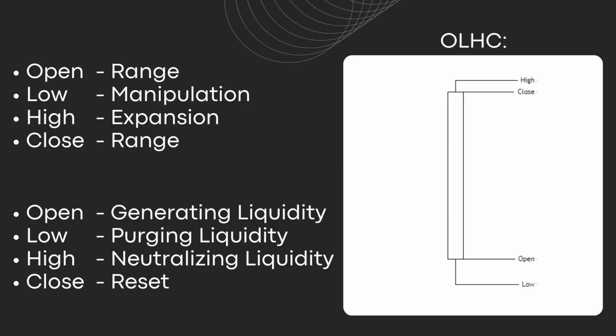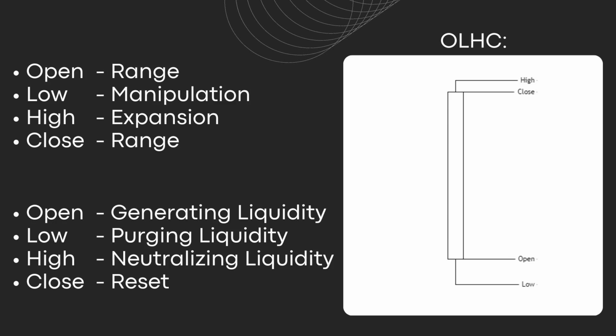That's why every time you see a candle open, or the market open on Monday, or any other single candle open, more often than not you're going to see that it forms a range there, and it immediately goes into a ranging profile. For the first half of the day or the first quarter of the day, it literally ranges, and it does that first of all to generate liquidity or open interest.